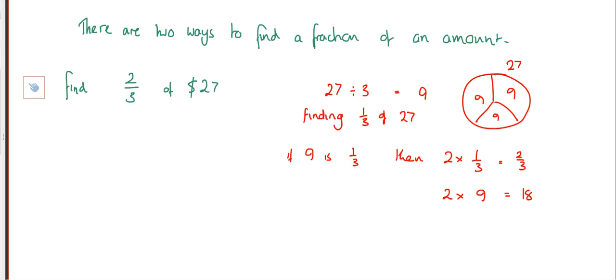So 1/3 is equal to 9, isn't it? So we know that 2/3 of $27 is $18.